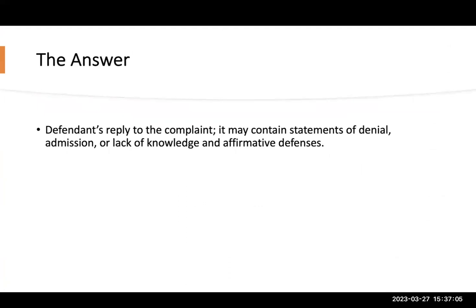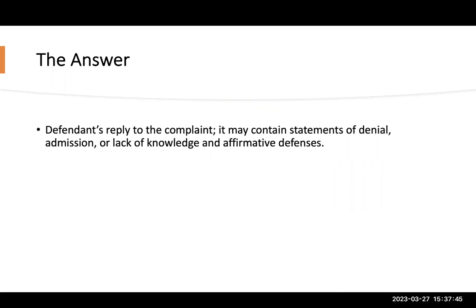The answer to the complaint, again, would be filed unless there is some kind of other attack, and answers take different types of form. Generally, they operate as a statement of denial of the material allegations of the complaint, admitting certain matters, or a lack of knowledge. Answers also commonly contain things that are known as affirmative defenses. Affirmative defenses are matters that serve to eliminate or at least lessen the defendant's fault.